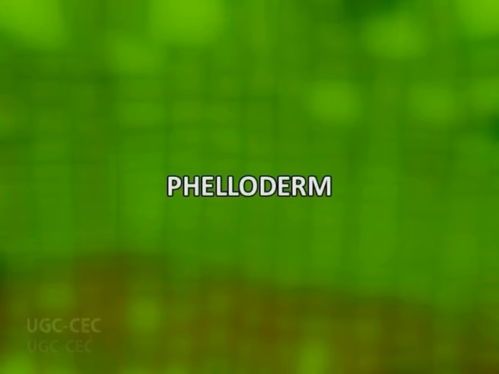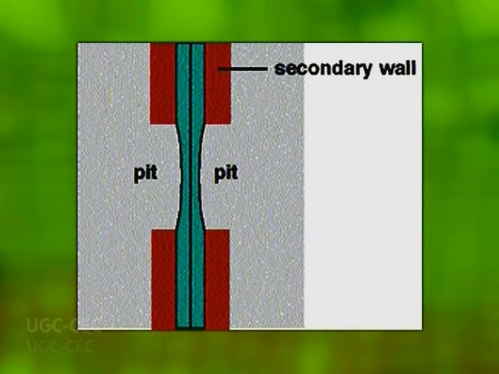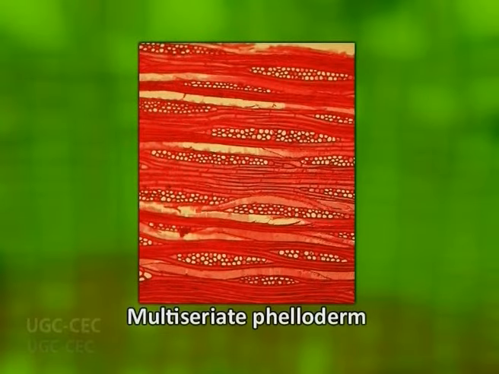Now, the phelloderm. The cells of phelloderm or secondary cortex are living cells with non-suberized cellulose walls which have simple pits. They contain protoplast like the parenchyma cells of the primary cortex, but if phelloderm is multiseriate, they are usually arranged in radial rows.